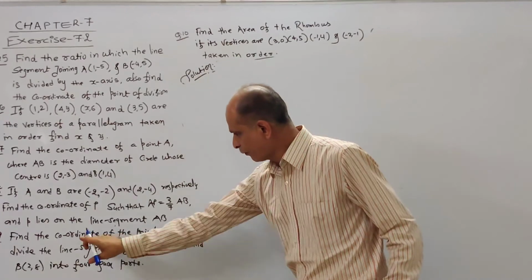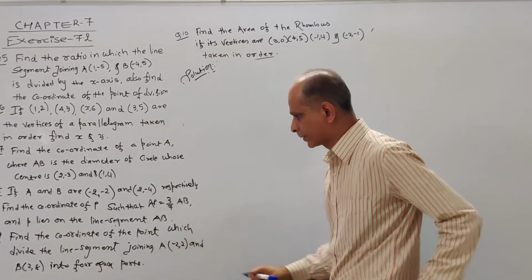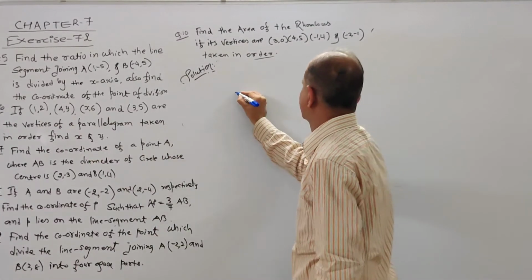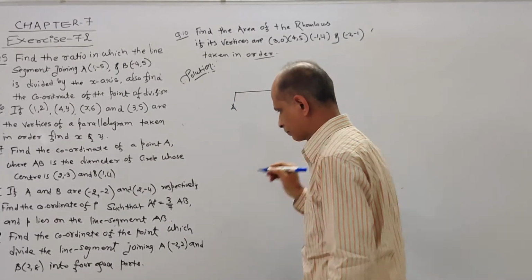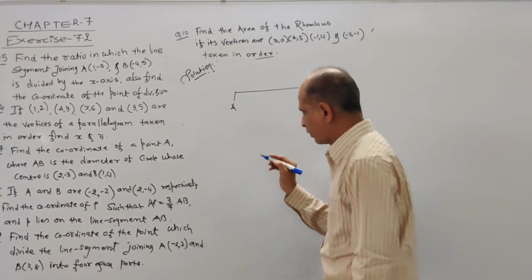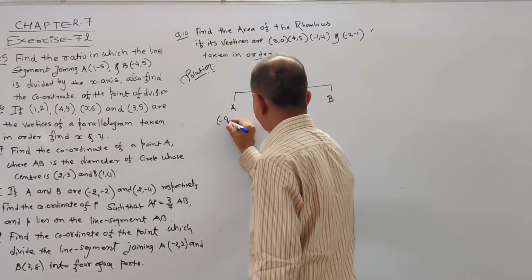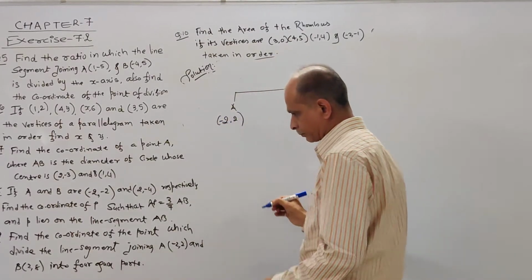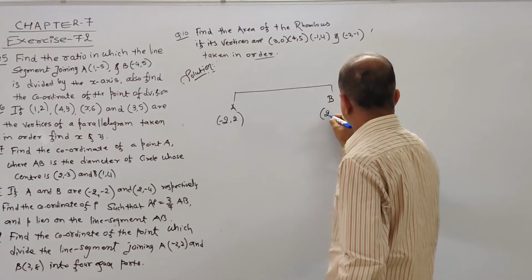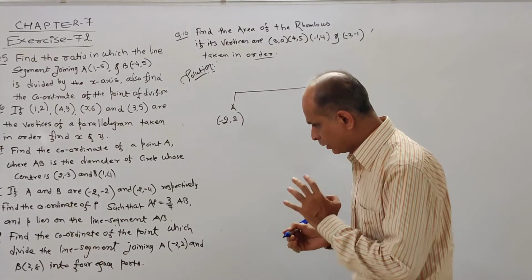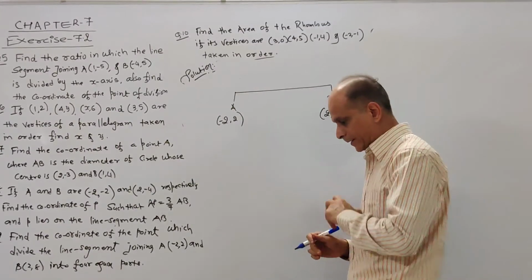Find the coordinate of the points which divide the line segment joining point A (minus 2, 2) and B (2, 8) into 4 equal parts.